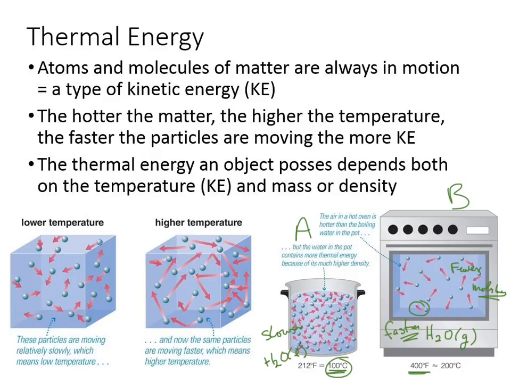You could crunch the numbers to convince ourselves. I know your textbook says this is a more dense situation. I don't know if you're familiar with the concept of density, but density is basically how packed stuff is together. So this is more dense, and this is more sparse. Less dense, more dense. So in order to say what thermal energy an object has, you have to consider both its temperature and its density.